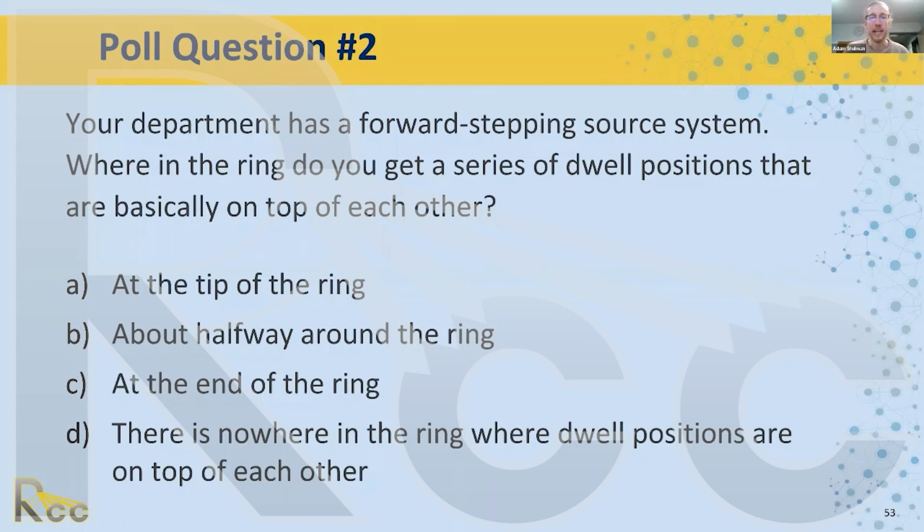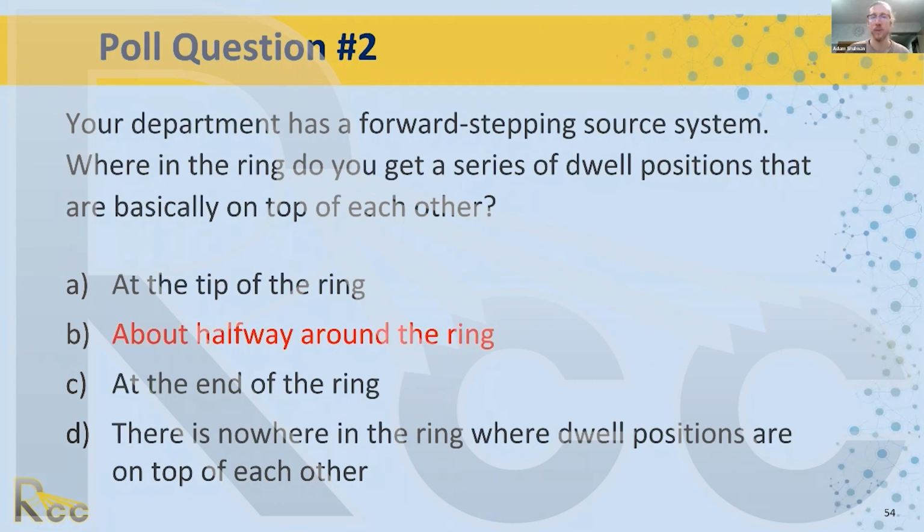And as I'm looking at the answers, I think maybe the question might be a bit ambiguous. There might be some confusion on what I'm actually asking. A lot of people answered D: there's nowhere in the ring where dwell positions are on top of each other. The correct answer is B, halfway around the ring.